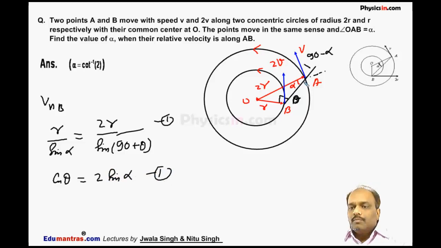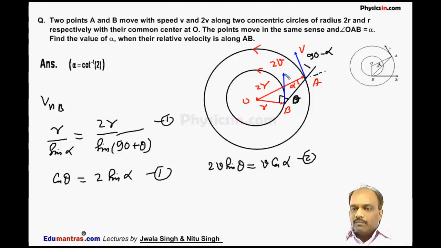The relative velocity is along only this line, so their perpendicular components will cancel out. So we can say 2v sine theta must be equal to v sine of 90 minus alpha, which is v cos alpha. This is our second expression. When their perpendicular velocities cancel out, only then is the velocity of A and B along this line joining the two particles. So this v will cancel out.